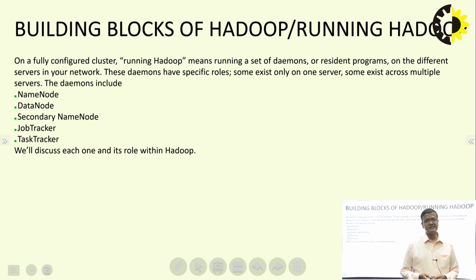Either they run on a single server or they can run across several servers. So the daemons include your name node, data node, secondary name node, job tracker and task tracker. So these are the 5 daemons which are required to run Hadoop, and these are the building blocks of Hadoop.